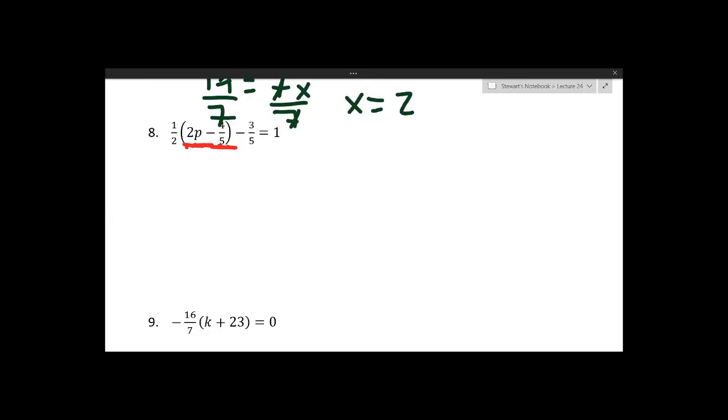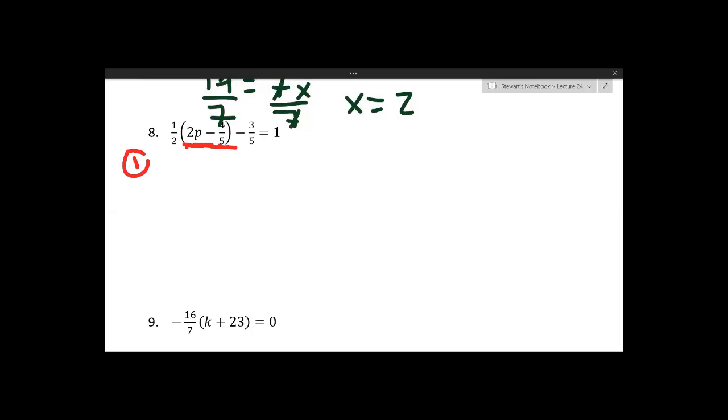And rather than distribute and combine like terms, we can isolate that quantity first, then we're able to drop the parentheses and solve from there. And I can show you both ways to do it.